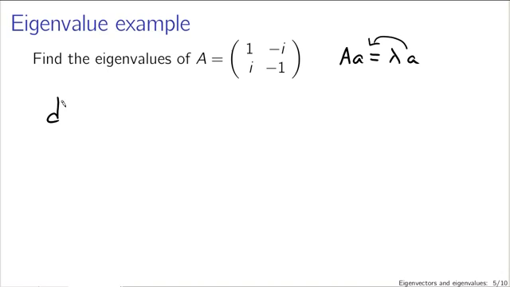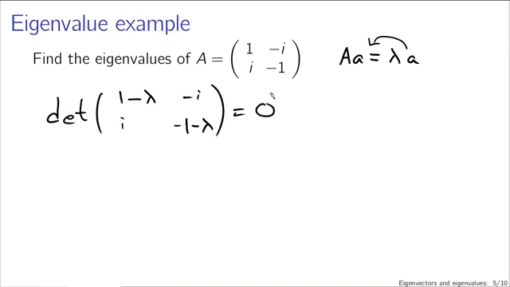That's called the characteristic polynomial, the characteristic equation. The determinant of the matrix with entries 1 minus lambda, minus i, i, minus 1 minus lambda is equal to 0. That's our characteristic equation. That's what we get when we rewrite this as A minus lambda times the identity matrix multiplied by a equals 0. And this matrix is what we're taking the determinant of.